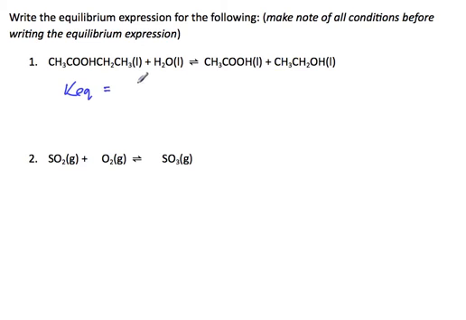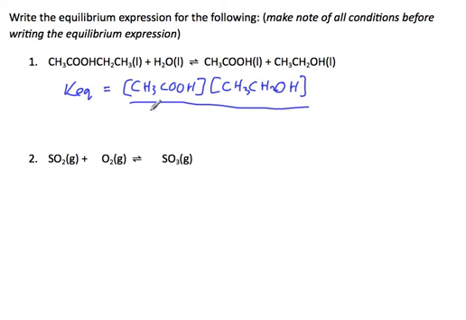K_EQ equals the products, CH3COOH, which if you remember is ethanoic acid, and CH3CH2OH, which is ethanol, over CH3COOCH2CH3, which is the ester, ethyl ethanoate, and water.